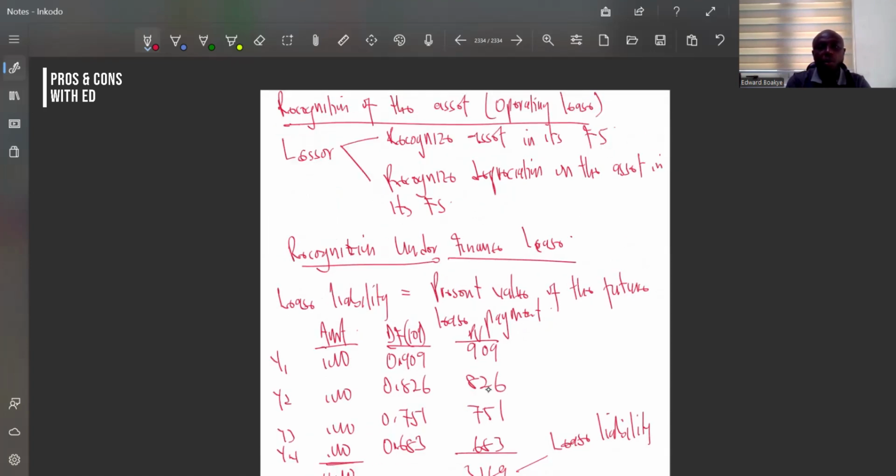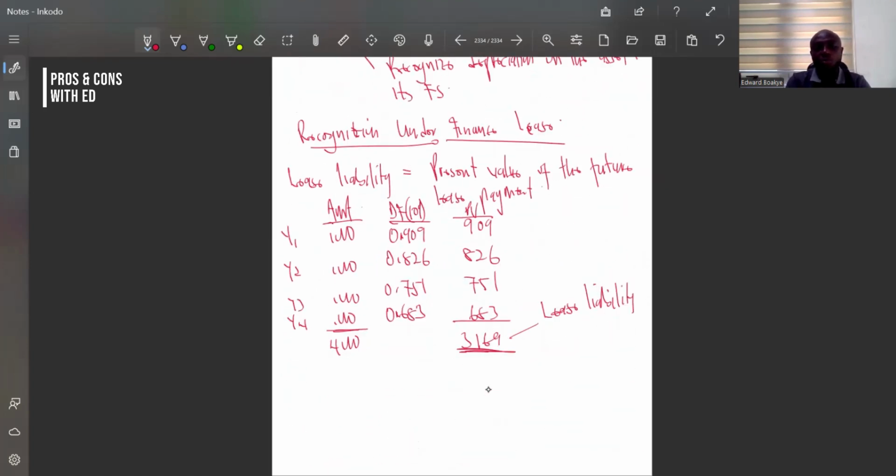So that asset is what we call the right of use asset. In your financial statement, if you see right of use asset, it simply tells you that there was a certain lease agreement which led to this right of use asset.